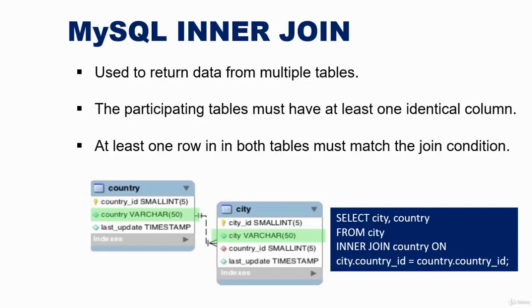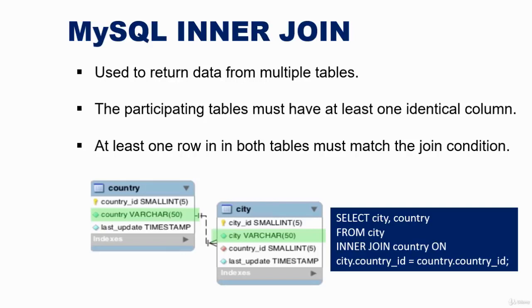Being the common column in both tables, that is represented in the join condition. Inside the inner join, we are joining the country table, and this is the condition. We're joining the country ID from the city table to the country ID in the country table.